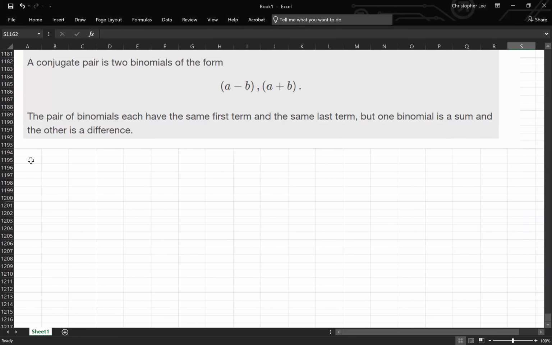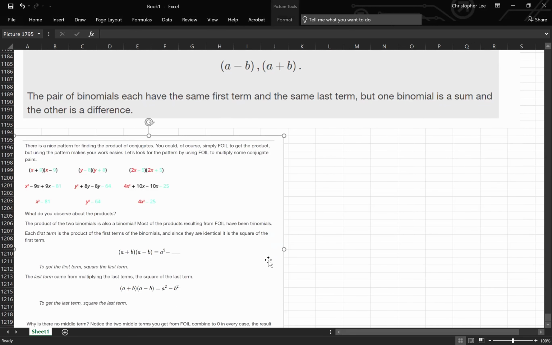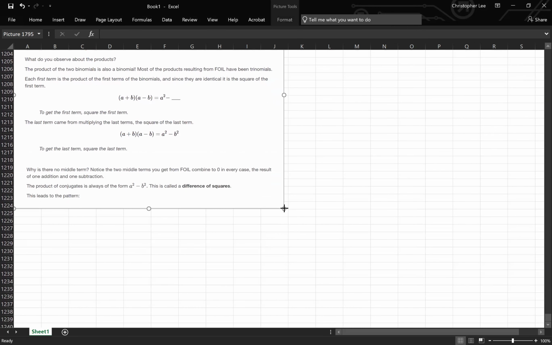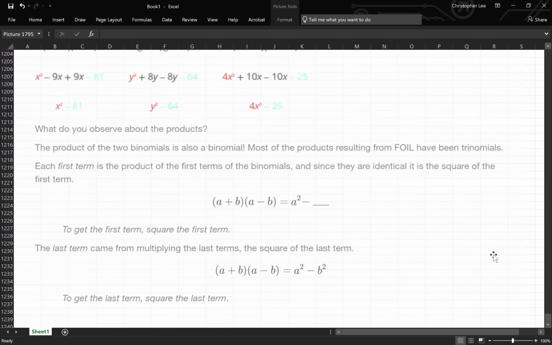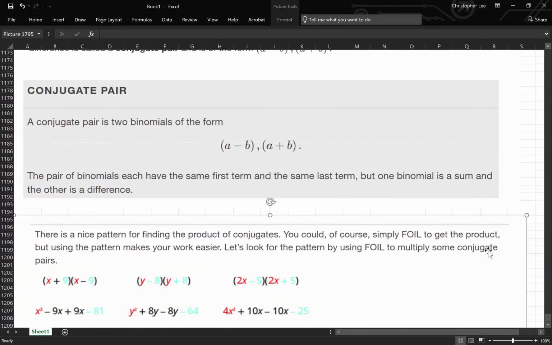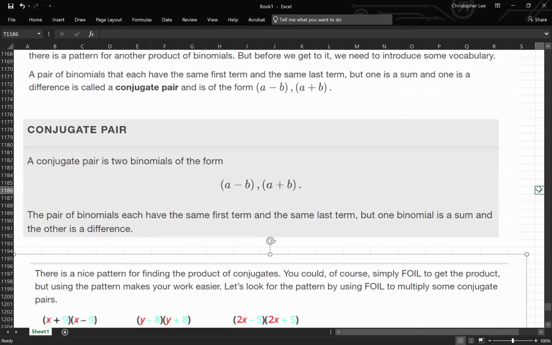All right, check this out. So there is a nice pattern for finding the product of conjugates. We could, of course, simply FOIL to get the product, but using the pattern makes the work easier.